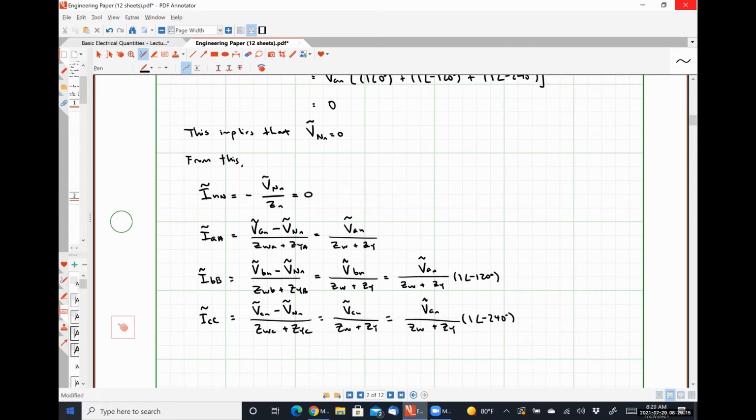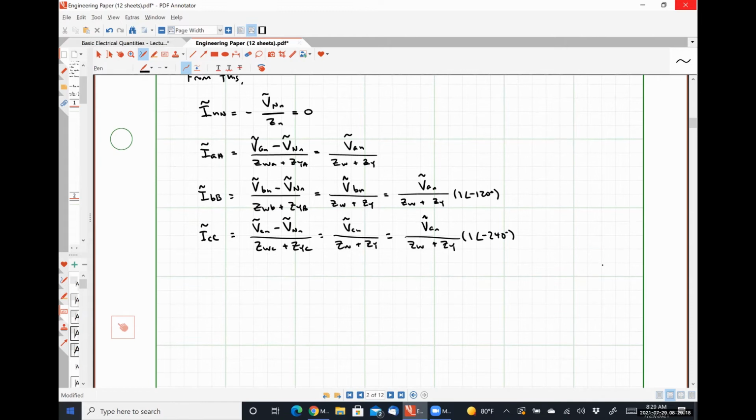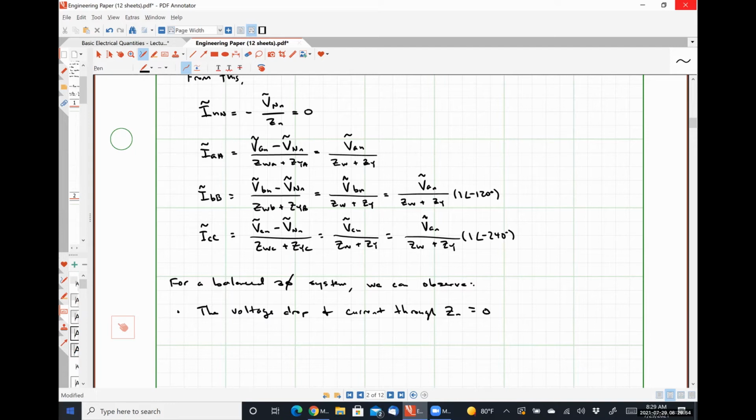So for a balanced three-phase system, we can observe one, the voltage drop and current through our neutral conductor Zn is equal to 0.